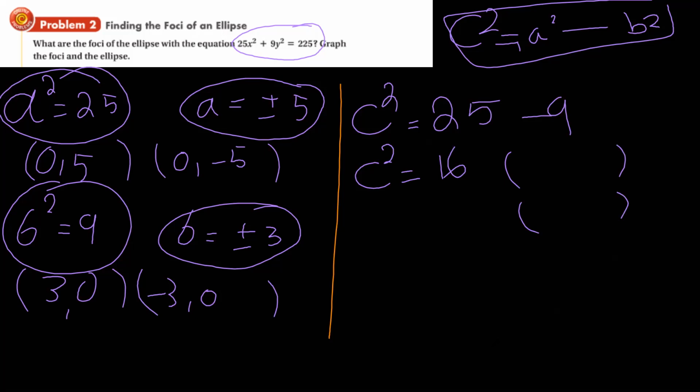It will be 0, 4 and 0, negative 4. Why? Because I'm in a vertical ellipse. In a vertical ellipse, both the foci and the vertices are on the y-axis. So now I found the coordinates of the vertices, the co-vertices, and the foci.